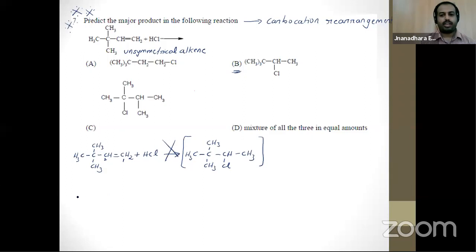Now look at the solution for this. Why is option B not correct and why is option C right? Check this out. CH3, CH3, CH3, CH double bond CH2. Now this reacts with HCl.